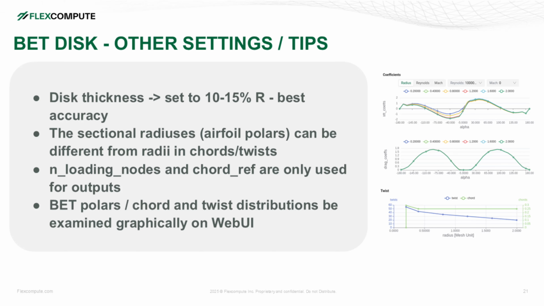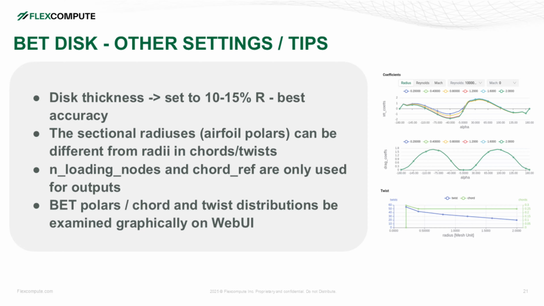Some additional BET disc setup tips are that sectional radiuses for airfoil tables can be different from the distribution radius for chord and twist, meaning you will provide 3 different distributions for chord, twist, and airfoil tables and specify at different radial locations, and it will assume a linear distribution.